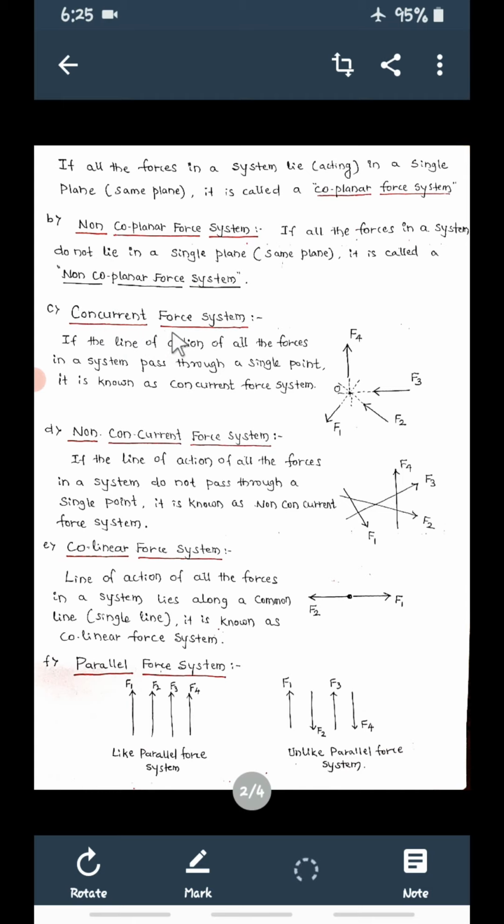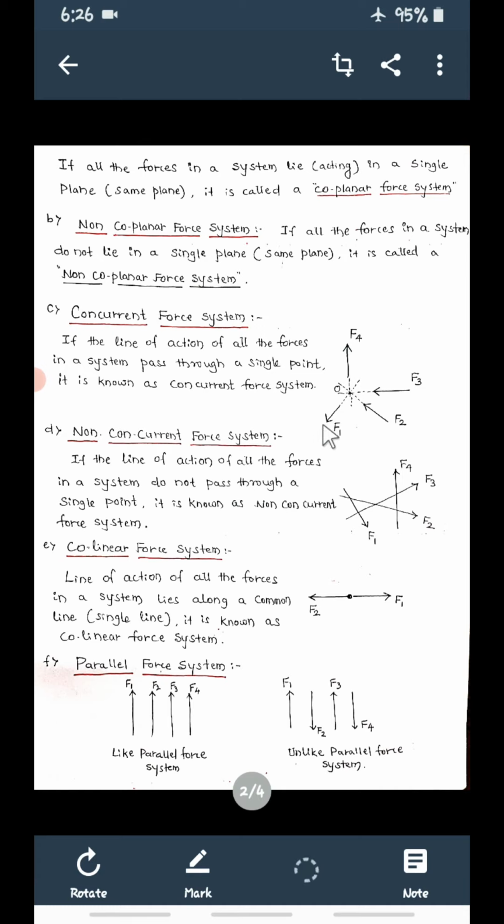Concurrent force system. Now see, again there are 4 forces you can consider: F1, F2, F3, F4. The direction may change, right? This is acting in the outward direction, this is inward, this is inward, this is outward. Now see, these dotted lines for each force are called the line of action.